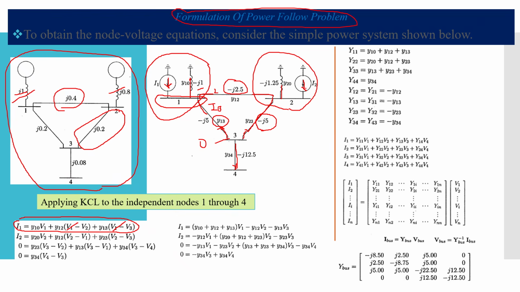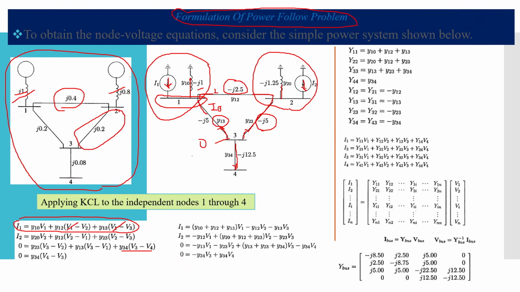Y23 is the transmission line admittance between bus 2 and bus 3. V3 minus V2 is the voltage difference, here V3, here V2. Then the difference is multiplied by this admittance, and we obtain a current. Again, between V1 and V3 also, we take the difference between V3 and V1 and multiply by this admittance, which gives a current. We obtain this between bus 3 and bus 4 also.